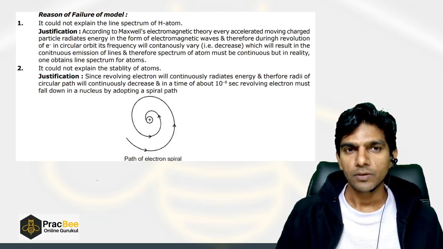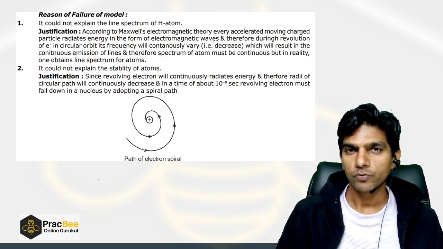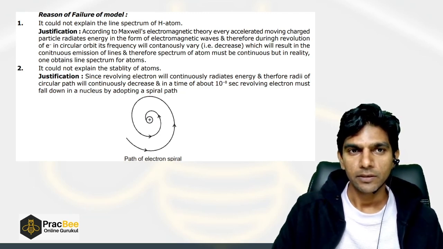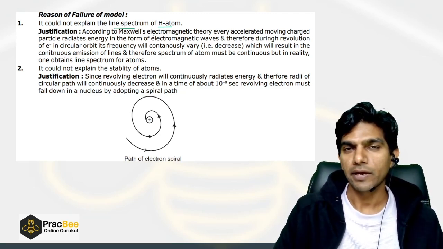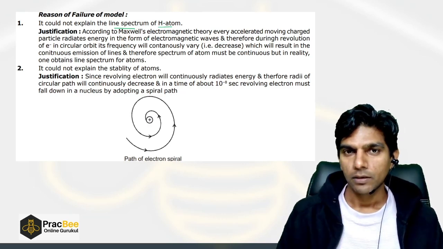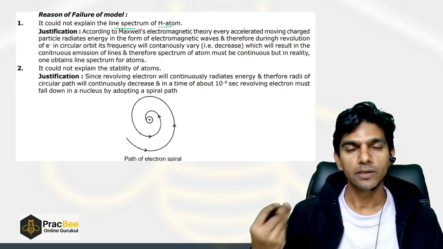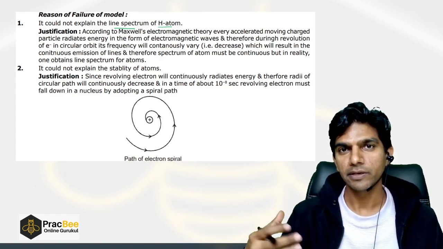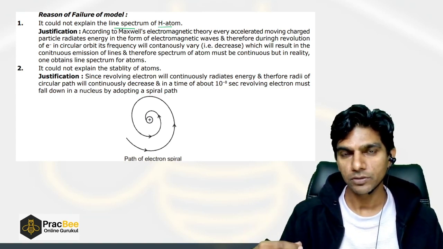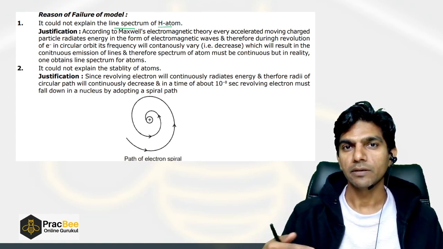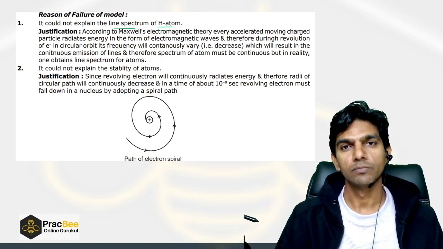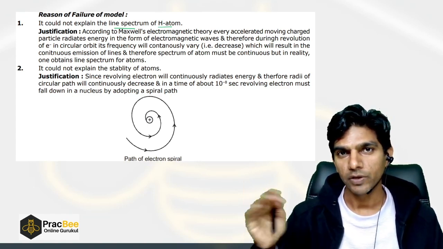Now there are some phenomena which Rutherford's model was not able to explain. First, it can't explain the line spectrum of the hydrogen atom. According to Rutherford, it should have a continuous spectrum, because when a charged particle is accelerating, it keeps on radiating energy in the form of electromagnetic radiation. If that is happening, we should get an entire spectrum rather than discrete wavelengths.